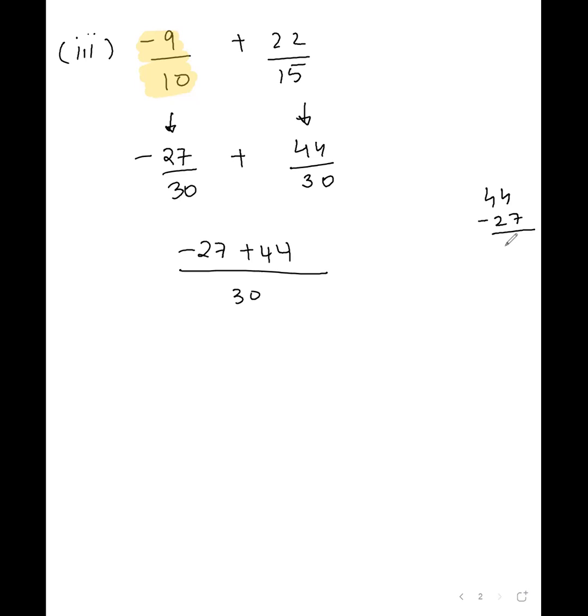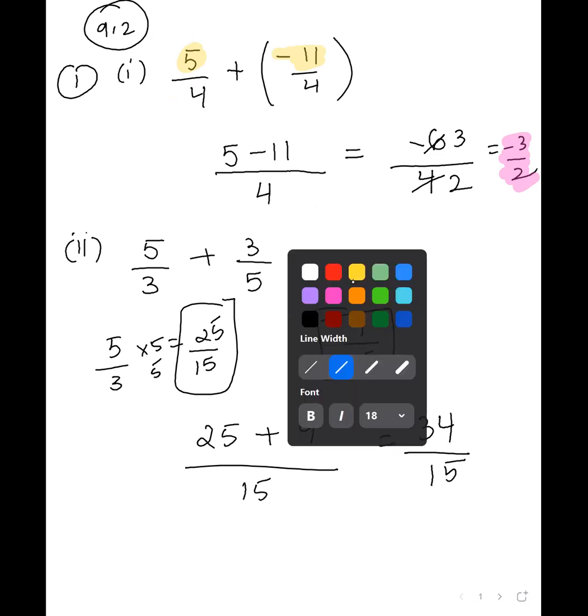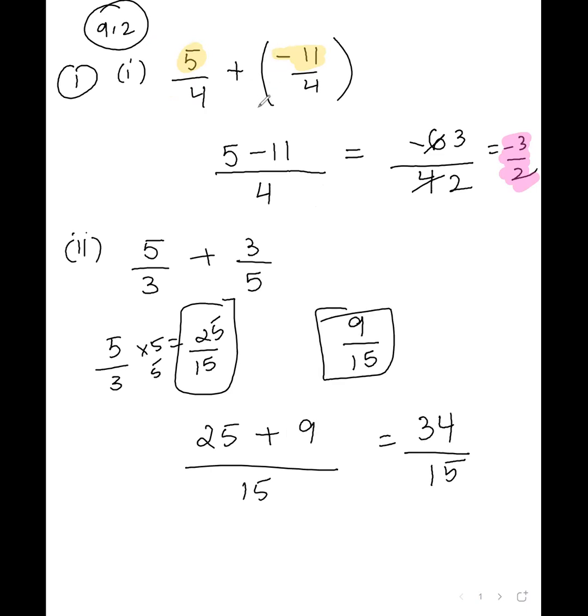Like in the first question, you changed the sign to 5 minus 11. Where did we change the sign, Hiba? Tell me. You didn't write it as 5 plus minus 11.